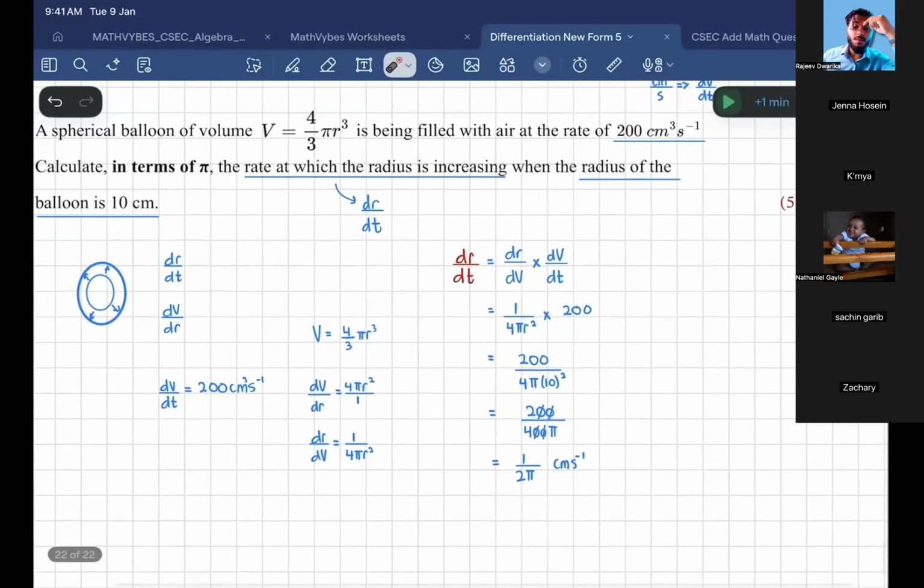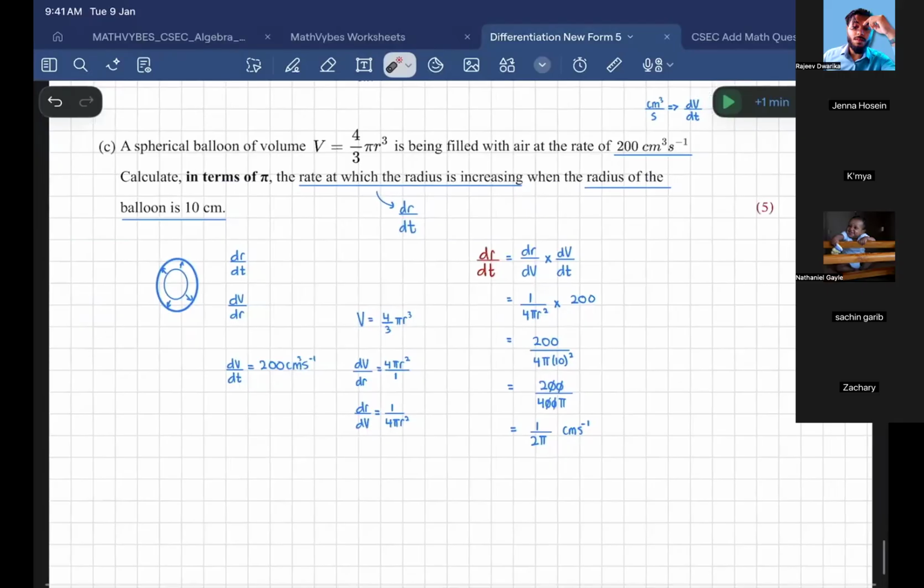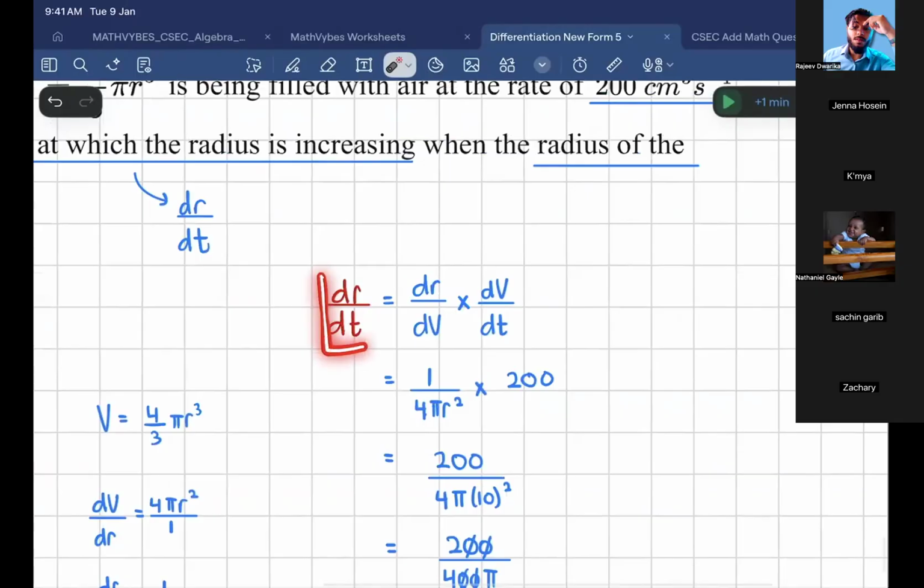So long story short, here's the trick. Look for any formula they give you. Just know you have to differentiate at some point. They gave us volume, so we might have to differentiate volume. Then look for any pieces of information and write that down. Then look for what you want to find. If I'm trying to find dr/dt, I put dr here and dt over here. Then I look for another parameter.